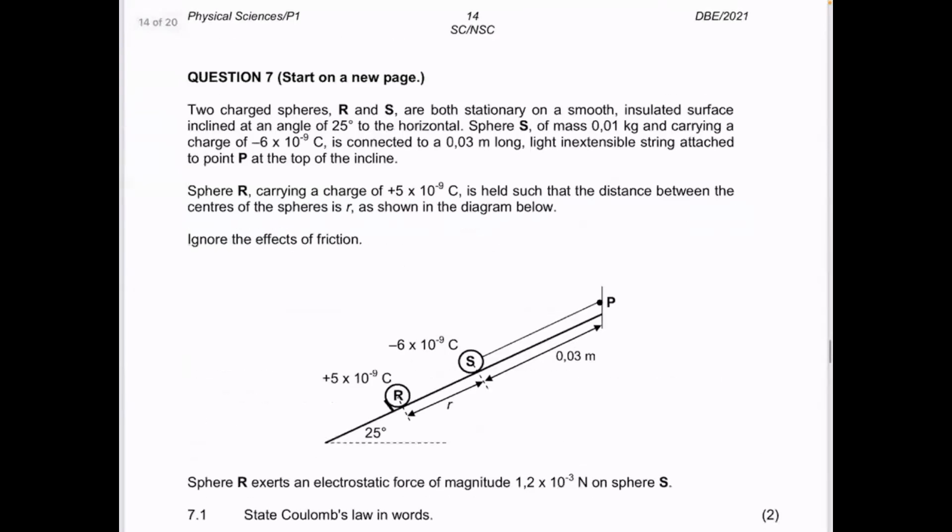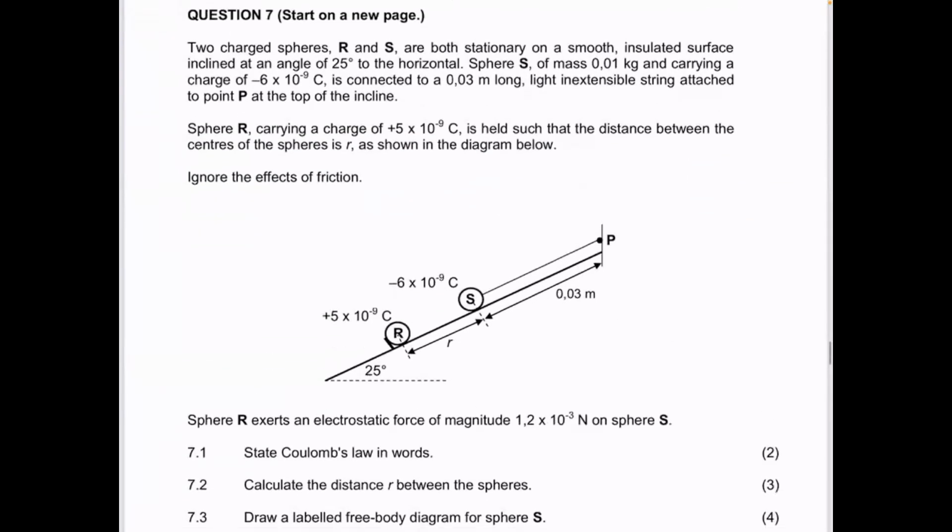Okay, so here's a question on electrostatics. Two charged spheres, R and S, are both stationary on a smooth insulated surface, inclined at an angle of 25 degrees to the horizontal.